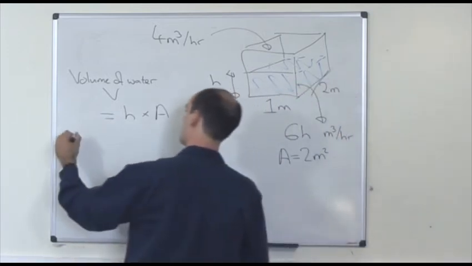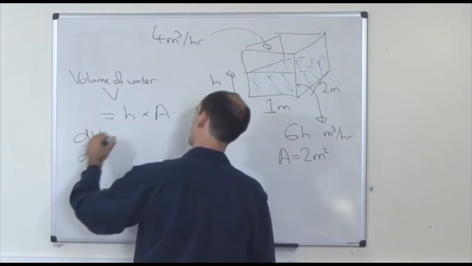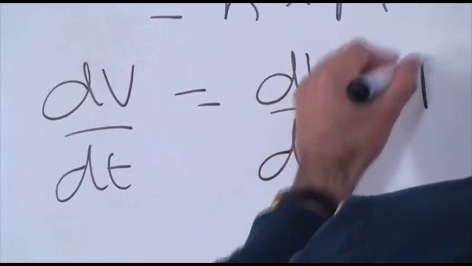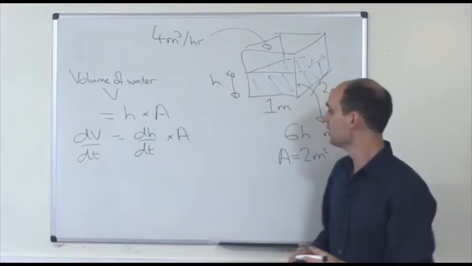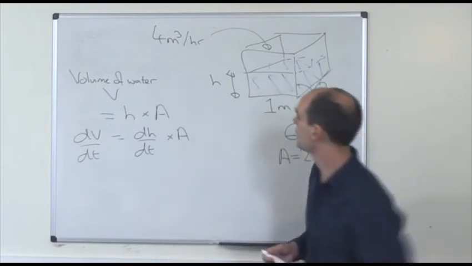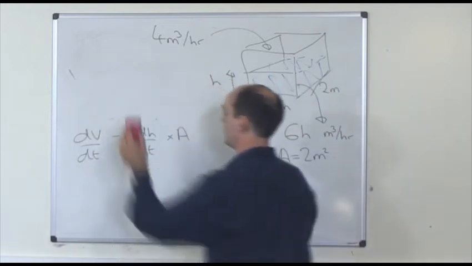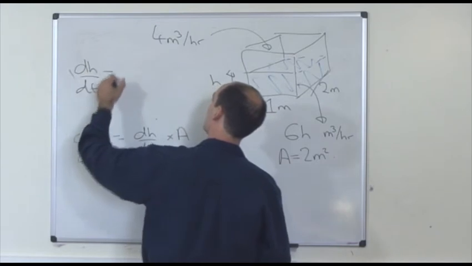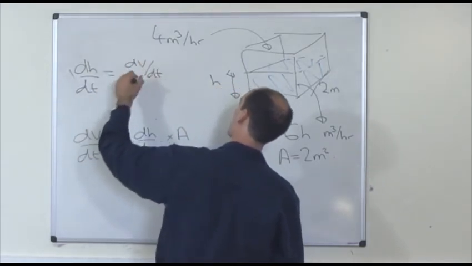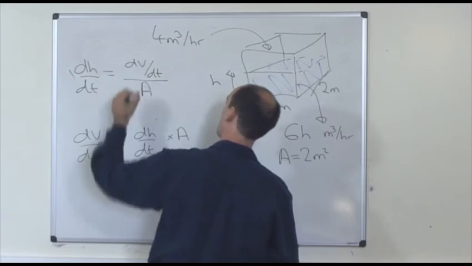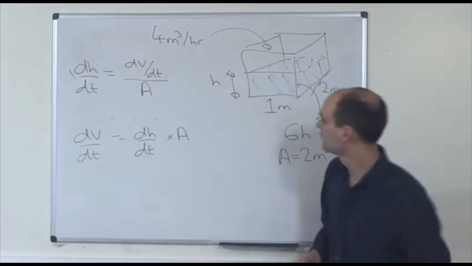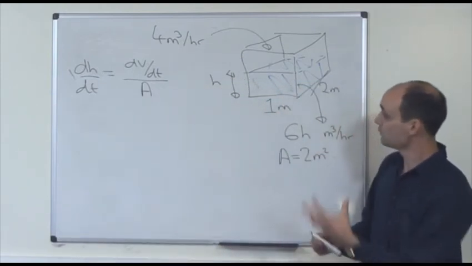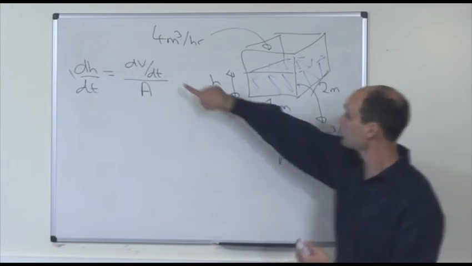So we can say that the rate of change of volume is just equal to the rate of change of height with respect to t times A, or I can turn that equation round and say dH by dt, which is the thing we're interested in, is equal to the rate of change of volume with respect to time divided by the area A. And we're told something in the question about how this volume is changing with time.